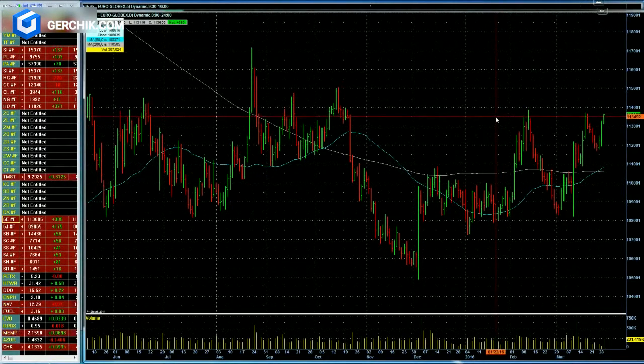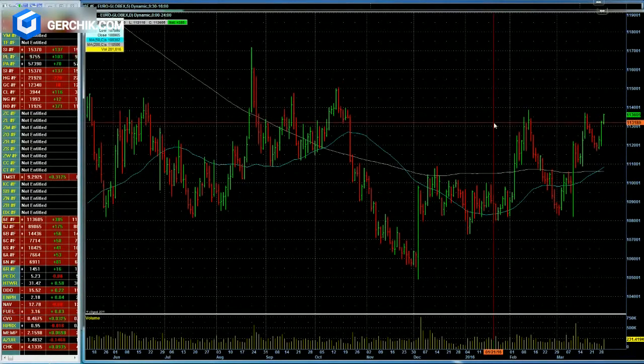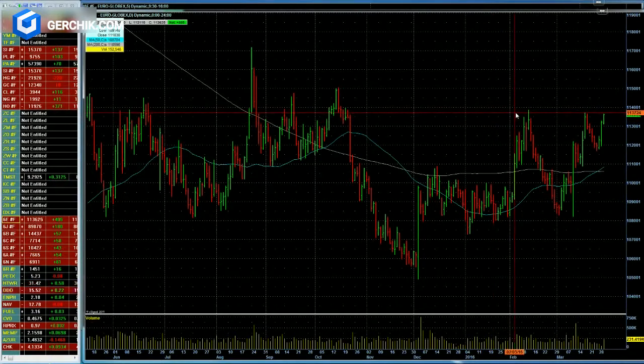Today is March 30th, right? So you're going to look at the chart, and at this level, 113.75, we're either going to see a breakout and a close above the level, or we're going to see a false breakout. We go higher and then come back lower.